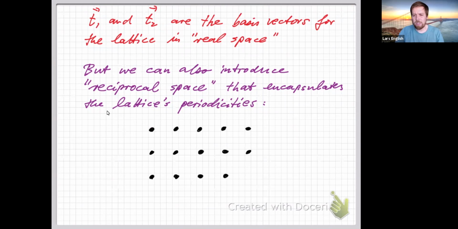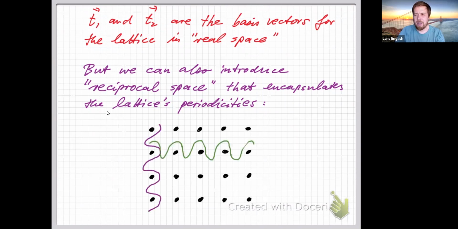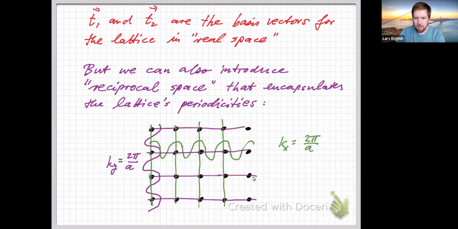Okay, so again, here is my lattice. We get this kind of periodicity from top to bottom, and we also get this kind of periodicity from left to right, for instance. And we can say, all right, this periodicity here, 2 pi over A, that's the wave number associated with that periodicity. This periodicity up, down, also 2 pi over A, is maybe what we could call K sub Y. And here are the particular lattice planes that we're highlighting.